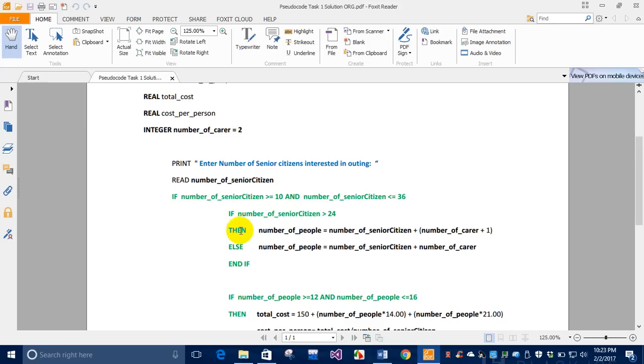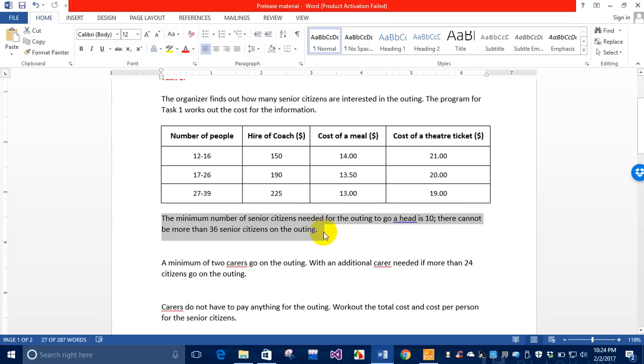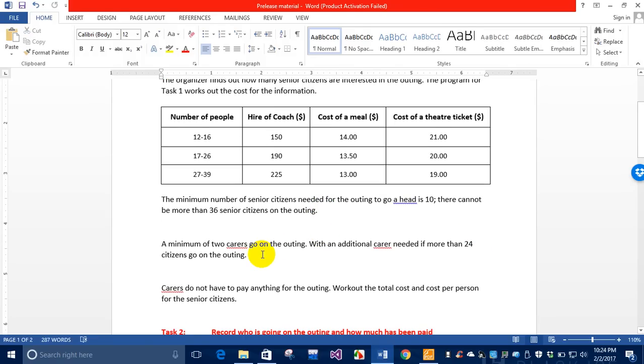If the condition is false, by which I mean that if the number of senior citizen is less than 24, this statement will be executed, the else part of the selection statement. Number of people is equal to number of senior citizen plus number of carriers. As it is mentioned in the problem statement, the minimum number of carriers going on the outing is 2.